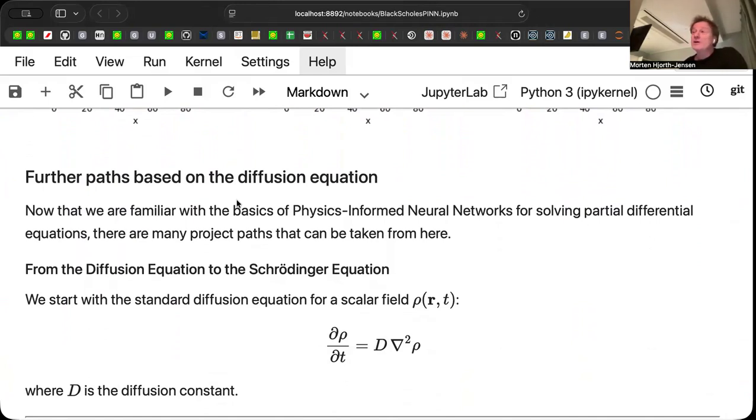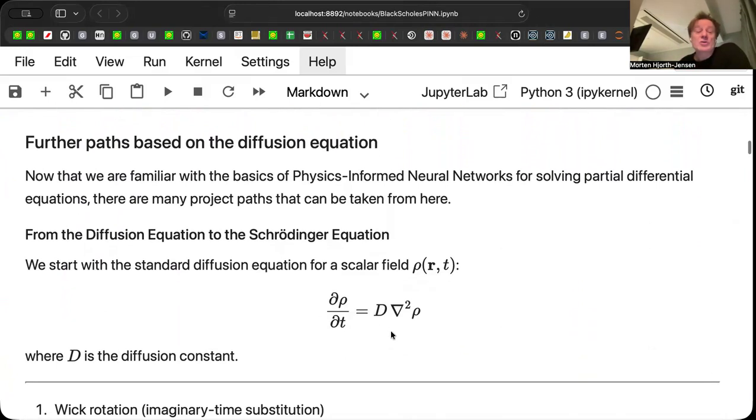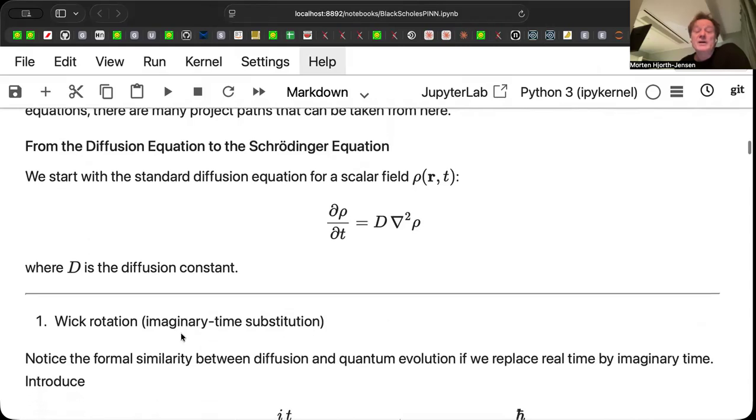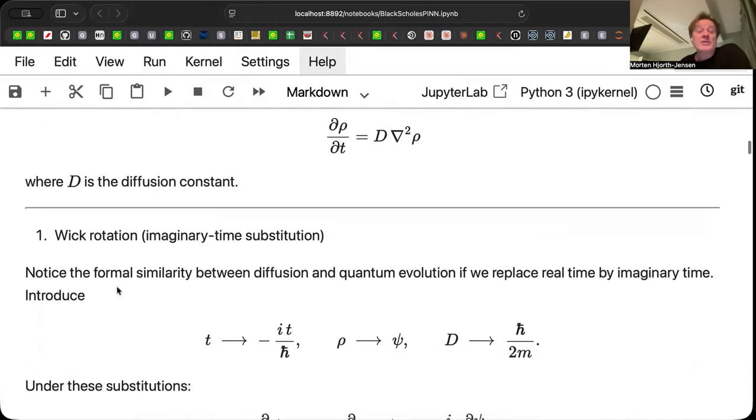equation is actually nothing but the Schrödinger equation for quantum mechanics, but in complex time. So if you take the standard diffusion equation, which looks like this, and then you perform an imaginary time rotation, it's normally called a Wick rotation. There's a formal similarity here.